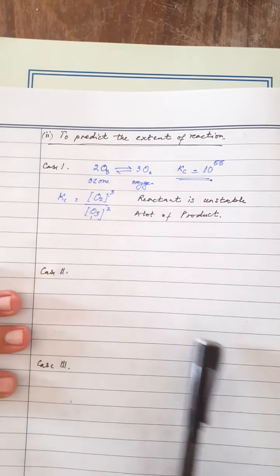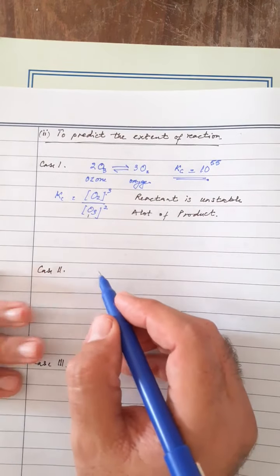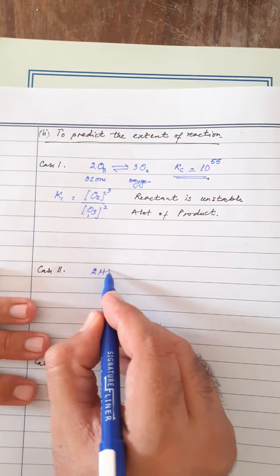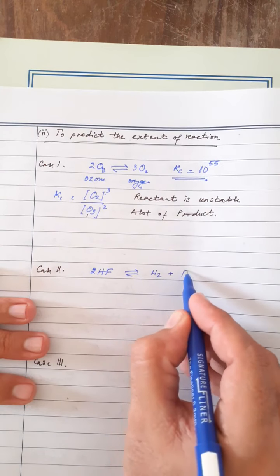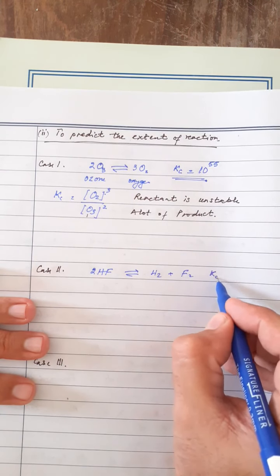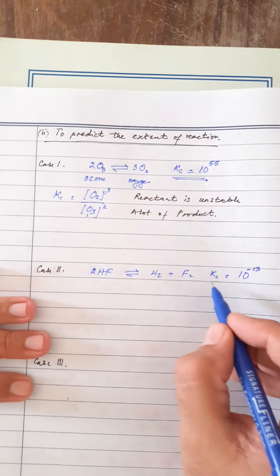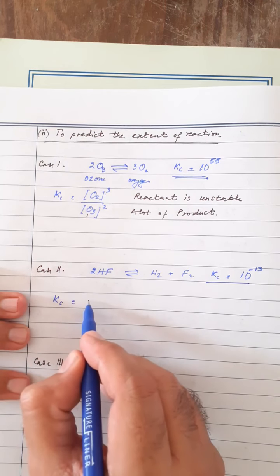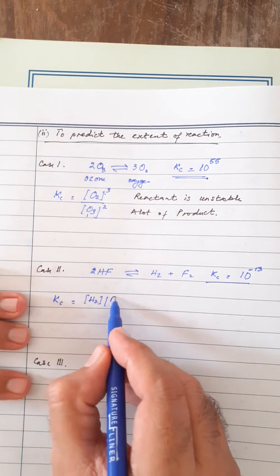Okay, let me take another example to give you some surprise. Suppose you took this reaction and you want to prepare fluorine from this. The Kc for this is 10 power minus 13. That's not good for you because it means that at equilibrium, the product is almost so much less.